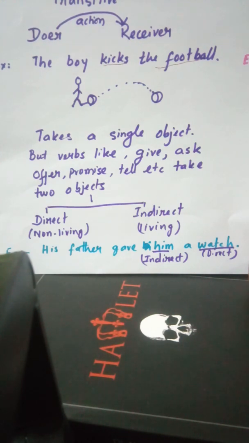The manager gave her the check. So here manager is the doer and there are two objects, her and the check. So the check gets directly transferred from the manager to her. So check is the direct object, whereas her is the indirect object.